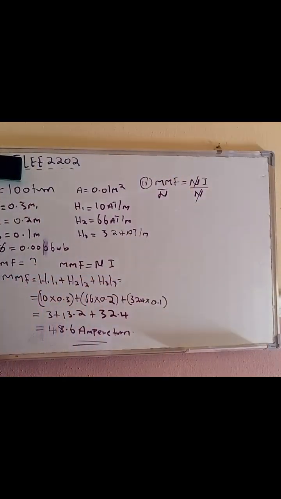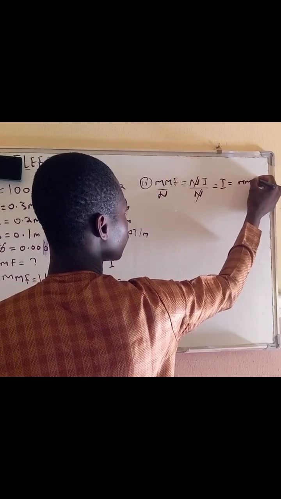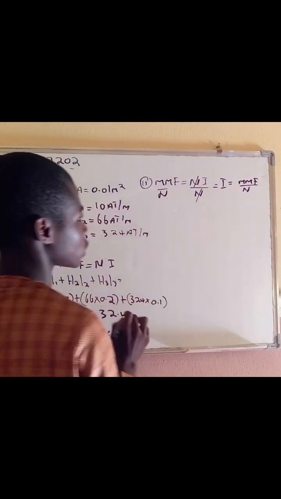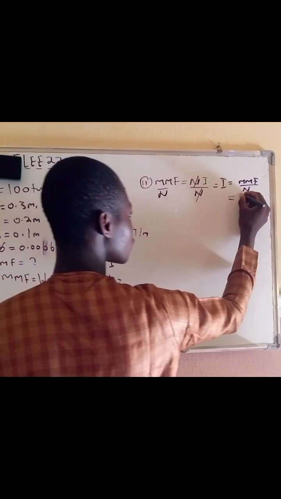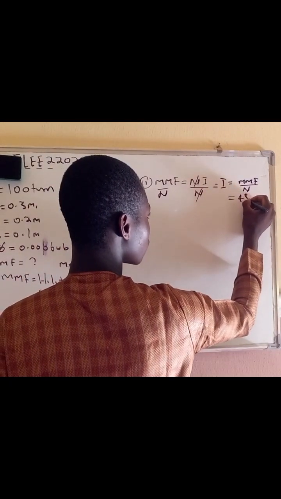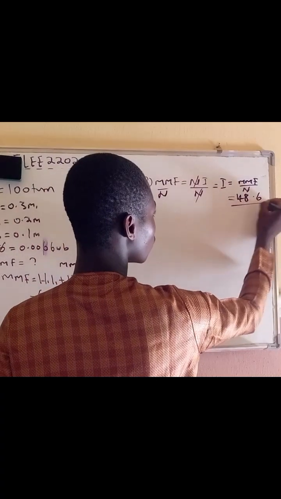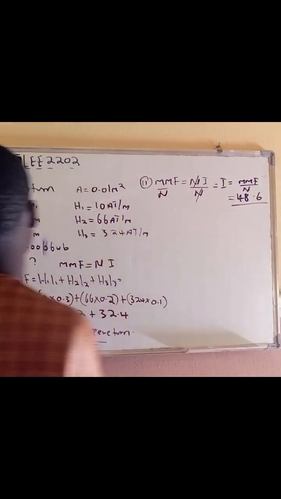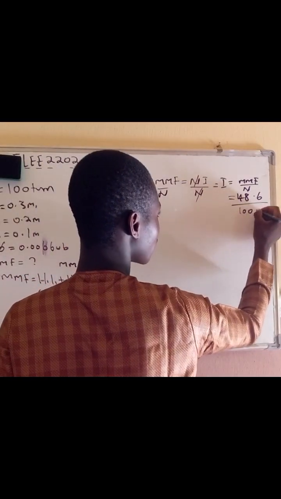The number of turns will cancel the number of turns, and we have the current, which is equal to magnetomotive force over the number of turns, which will be equal to our total magnetomotive force, 48, over the number of turns. The number of turns is given, which is 100 turns.